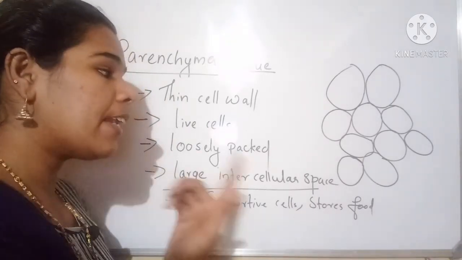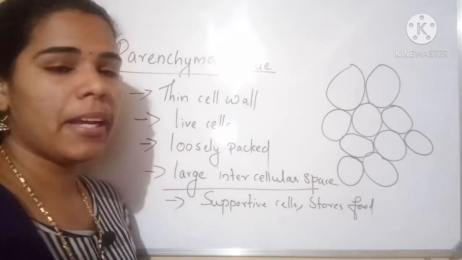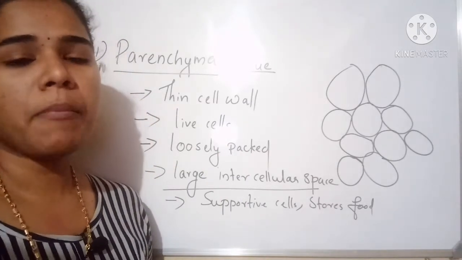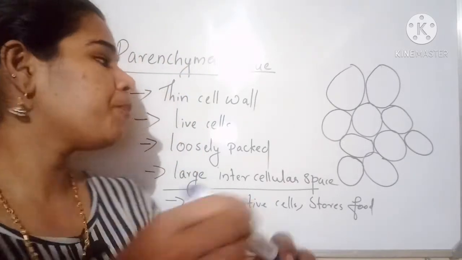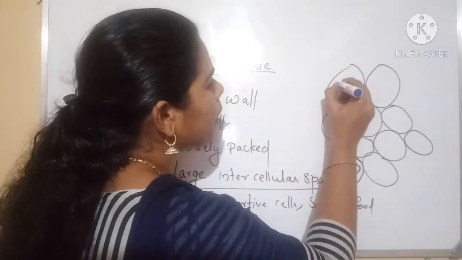Another function of parenchymatous tissue: some of the parenchymatous tissues contain chlorophyll pigment.